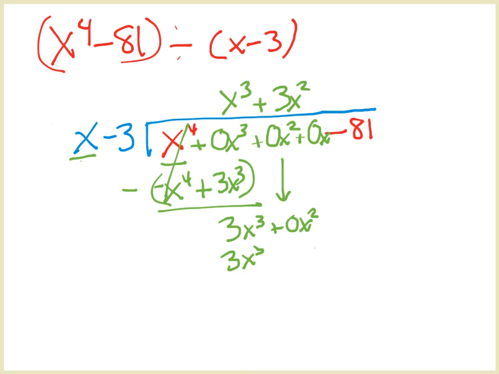And then I'm doing minus 9x squared. Subtract the whole thing, fix that negative and that positive. What I'm left with is 9x squared. These two cancel each other out.